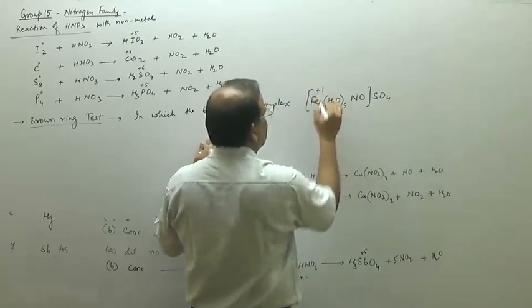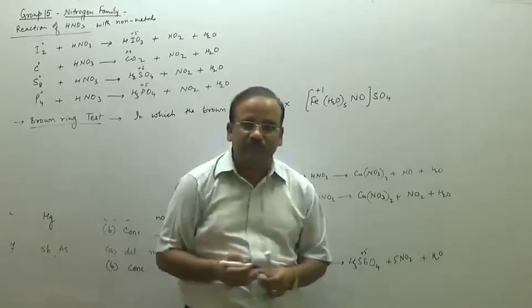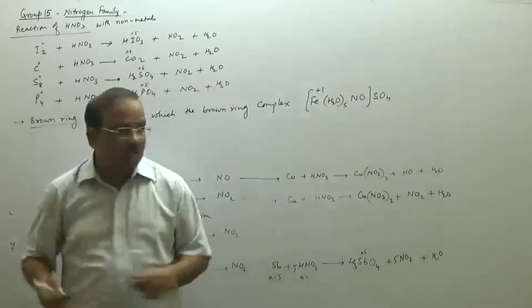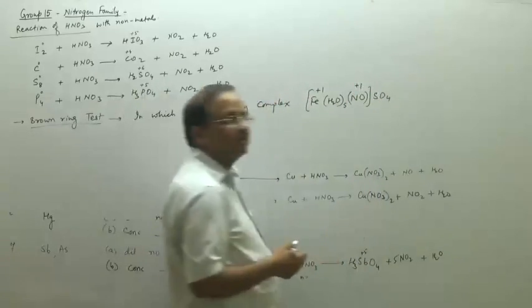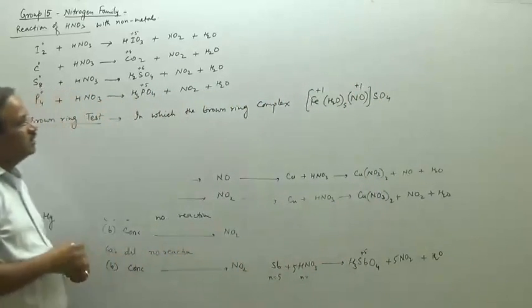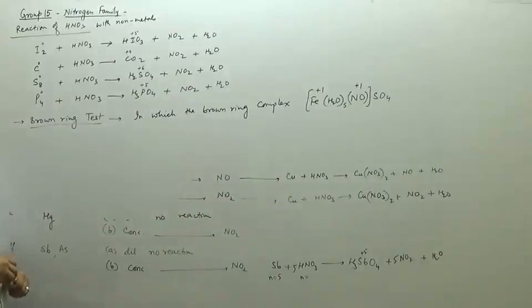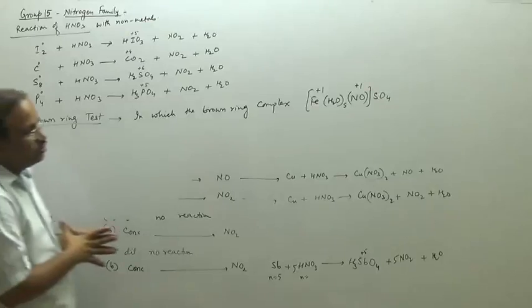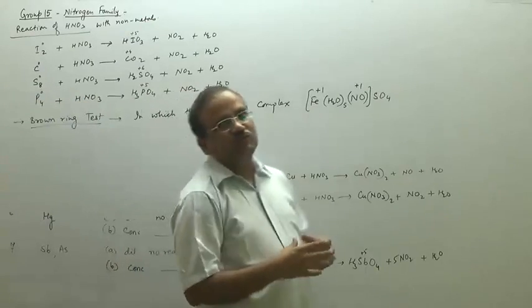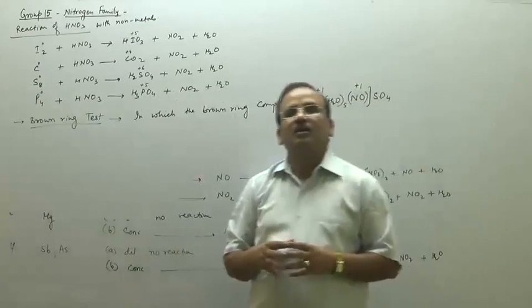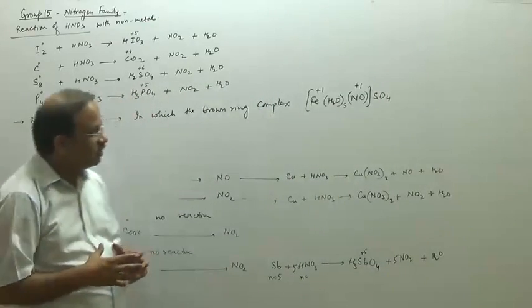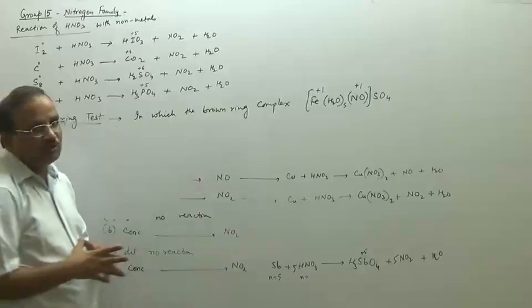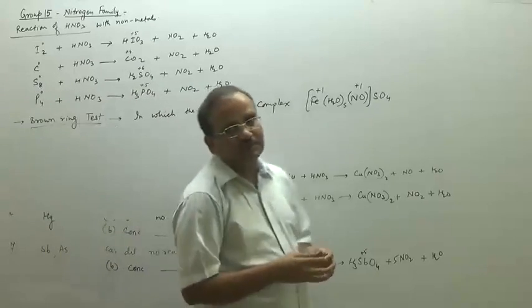In this case, iron has +1 oxidation state, and this NO also has +1 oxidation state. So that is the brown ring complex, and we already discussed the reaction in the laboratories. HNO3 is a very important acid which is used for making explosives, and in many chemical reactions.